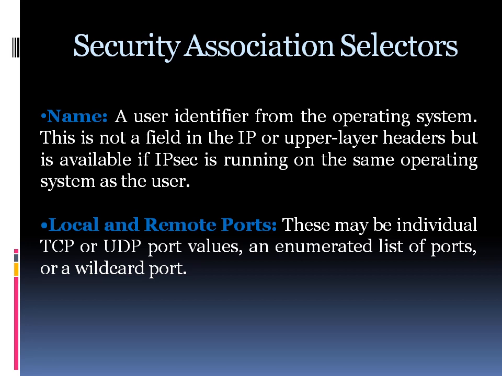This is not a field in the IP or upper layer headers, but it is available if IPSec is running on the same operating system as the user. Then there are local and remote ports. Now these may be individual TCP or UDP port values, an enumerated list of ports, or a wildcard port.